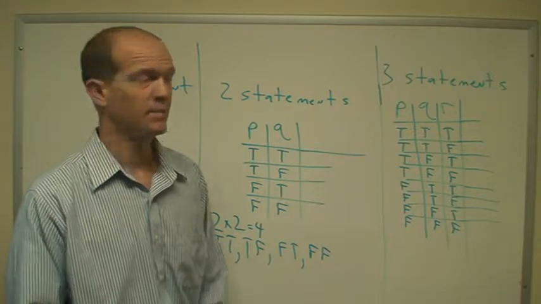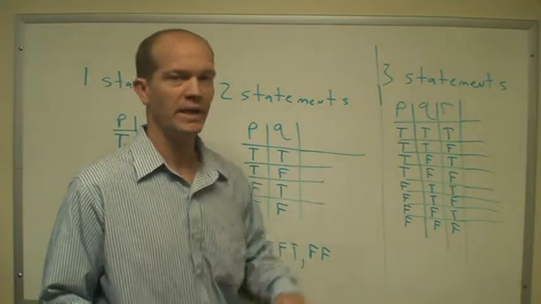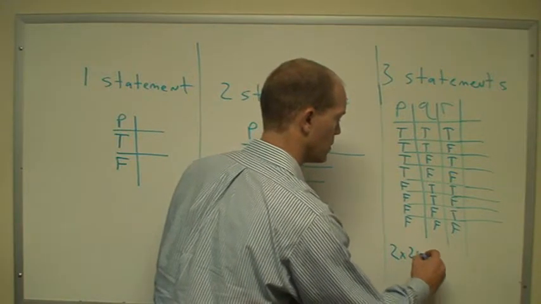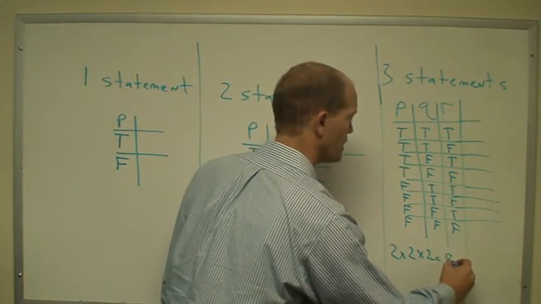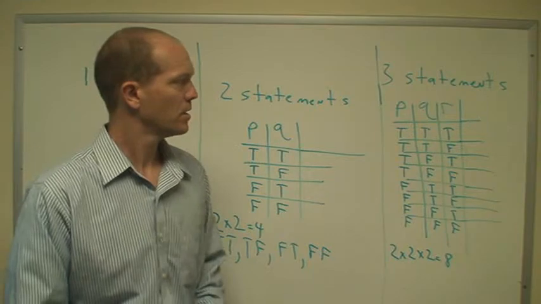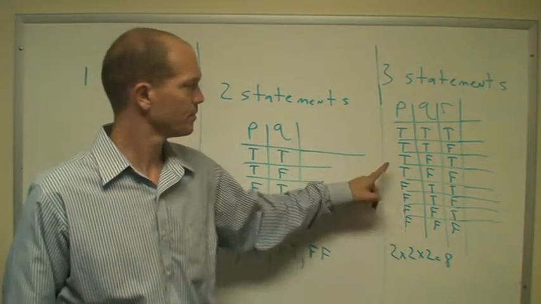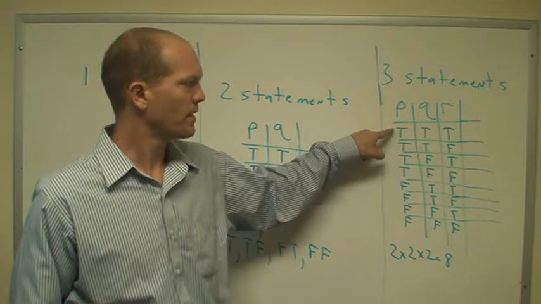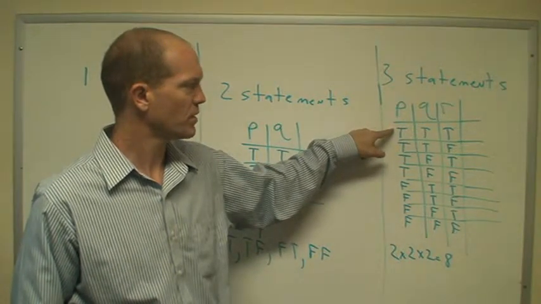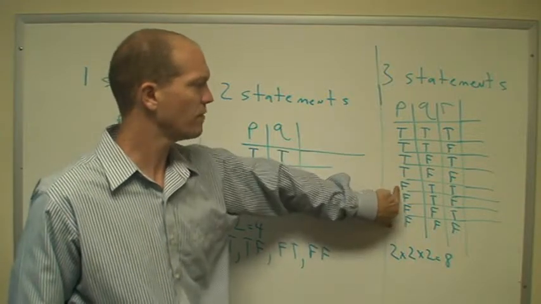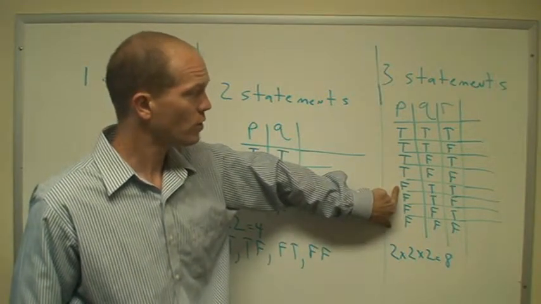For the 3-statement case, each of P, Q, and R again has 2 possible truth values. Multiplying 2 times 2 times 2, I should see that there are 8 different rows we'll need in this truth table. The way that I make this is I'm going to first separate out the P's as the first half true, the first 4 are true, and the last half are false. The last 4 are false.